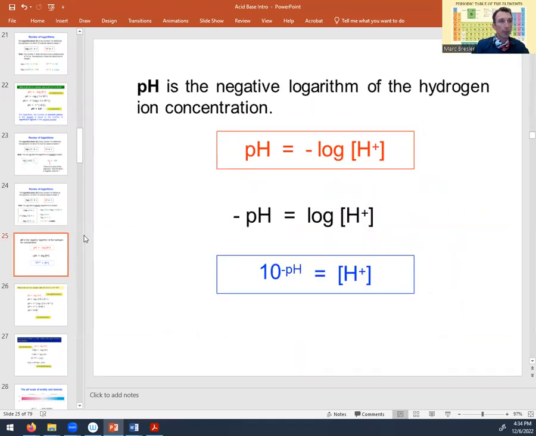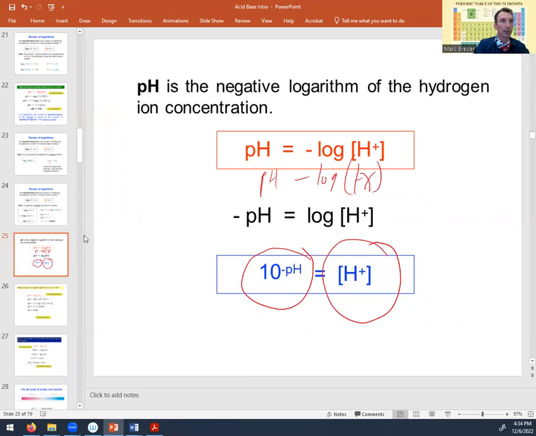You can also find the H plus concentration by undoing the log of the pH. So pH is negative log of H plus. P with anything in chemistry is the negative log of something. And it's to deal with these exponents that are really tiny.